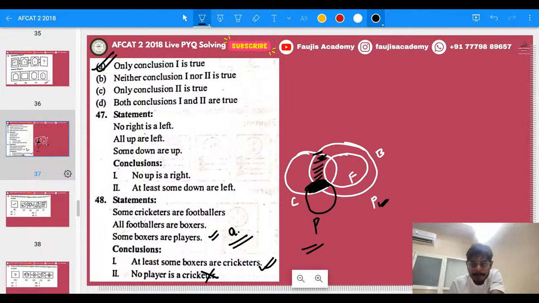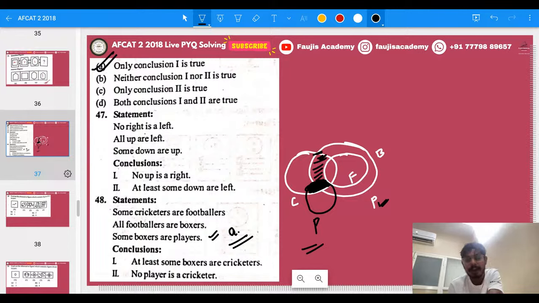But they did not give that some players are cricketers. Okay, then the answer to this question is... can you prove this statement wrong? But they did not give that some players are cricketers.